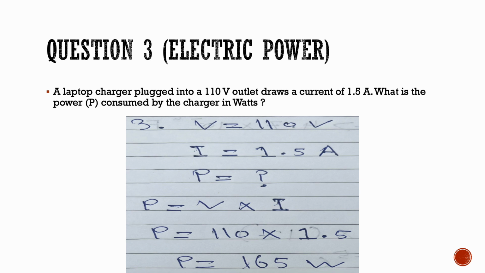This is our main formula being used in this question, which is P equals V times I, our V being 110, our I being 1.5, substituted in the formula. And then that gives us 110 times 1.5, which gives us our power consumed by the charger of 165 watts.